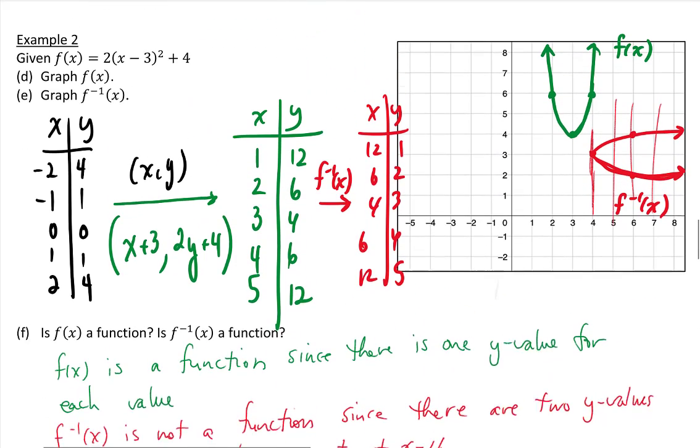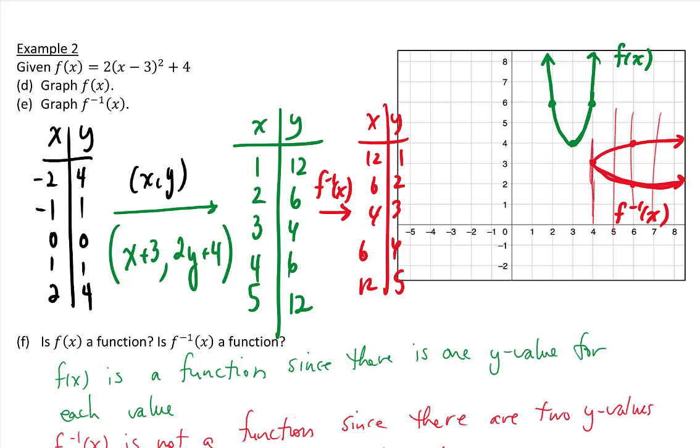If you look at the graph of f of x, it has two pieces to it, if you want to imagine. There's this right side here, and there's this left side here. When we want to state a restriction, we want to get the maximum amount of graph that we can. For example, if I take the left side of the graph and look at the points, it's going to give me this right here, which is now a function.